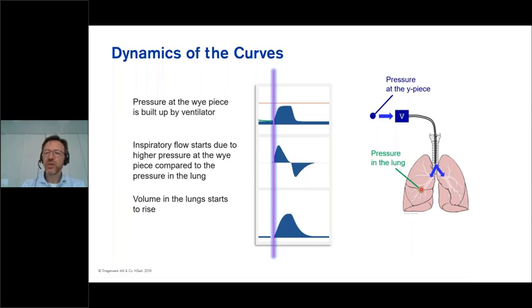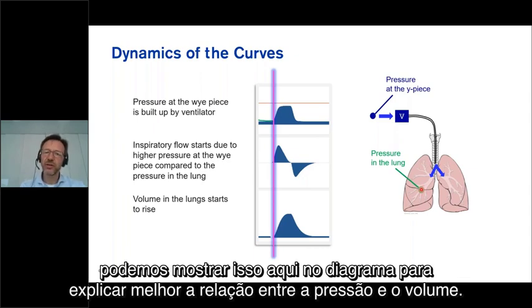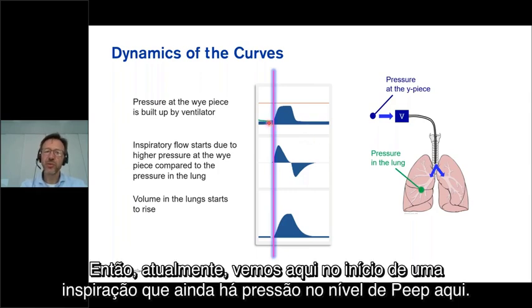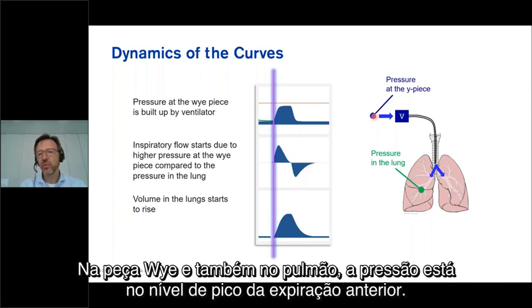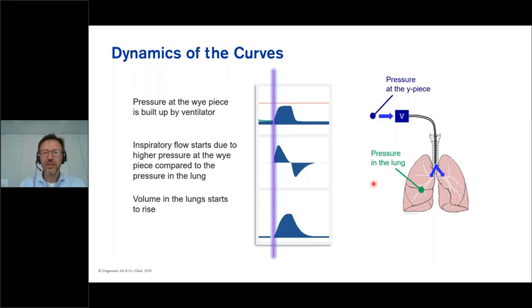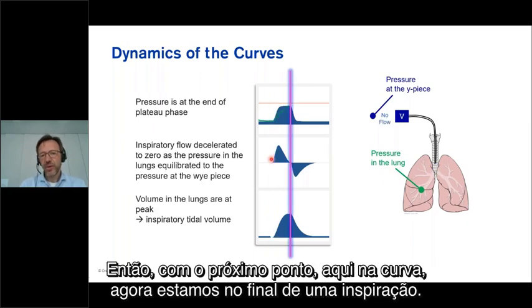Nevertheless, we can show this in the diagram to better explain the relationship between pressure, flow, and volume. Currently, at the beginning of an inspiration, the pressure is still at PEEP level at the Y-piece, and also in the lung, at the PEEP level of the previous expiration. With the next point in the curve, we are at the end of an inspiration.